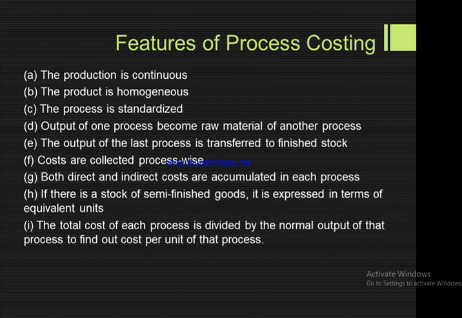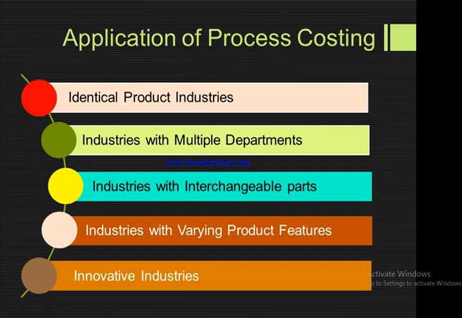At that time, these semi-finished goods are calculated in terms of the number of equivalent units and reported for financial reporting purposes. The total cost of each process is divided by the normal output of that process to find out the cost per unit of that particular process. So these are some of the features of process costing.